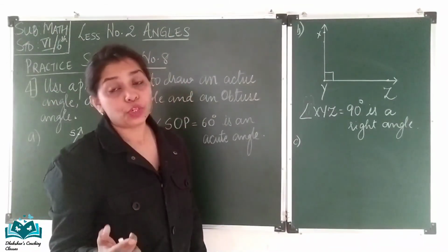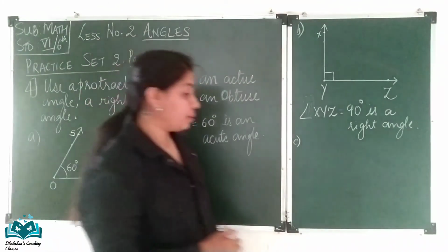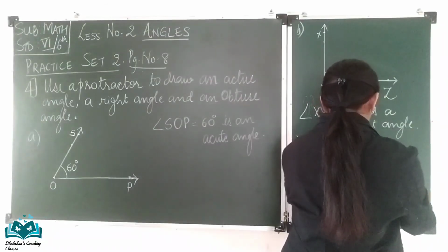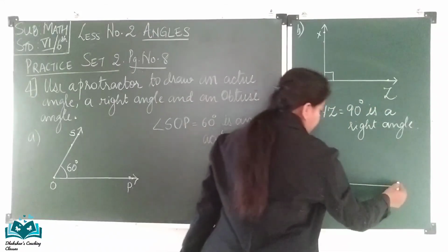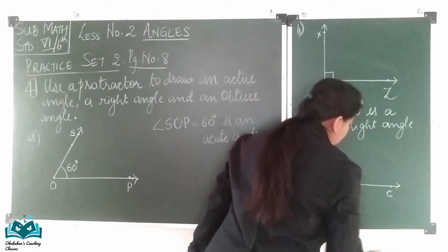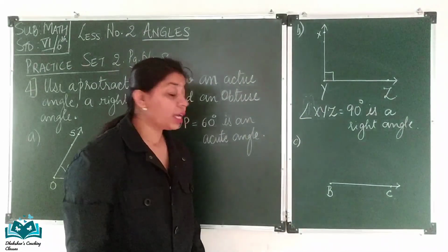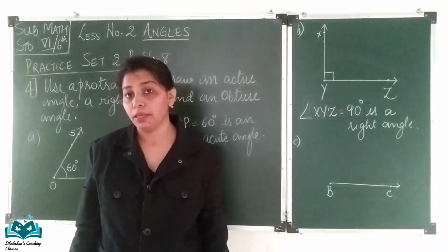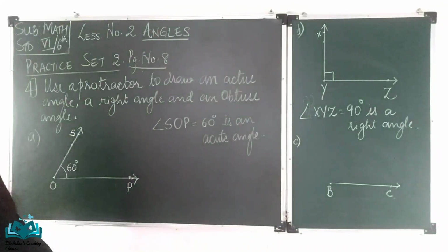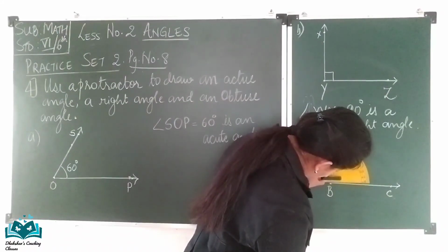Obtuse angle, the measurement should be more than 90 but less than 180. The same process we follow. First, draw a straight line with the help of a scale, BC. Obtuse angle, my dear student, measurement should be more than 90-degree. So, the same process we follow.